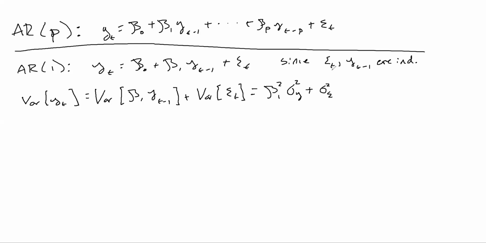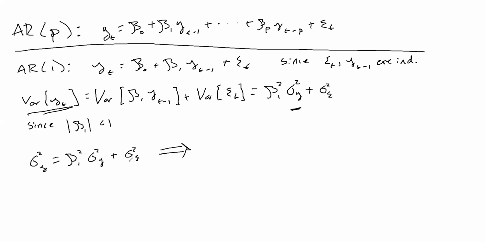Again, we're assuming that it's covariance stationary. Since it's covariance stationary, and the absolute value of beta 1 is less than 1 by the stability condition, we can solve for the variance of y. So the variance of y would be equal to beta 1 squared times the variance of y plus the variance of our error term.